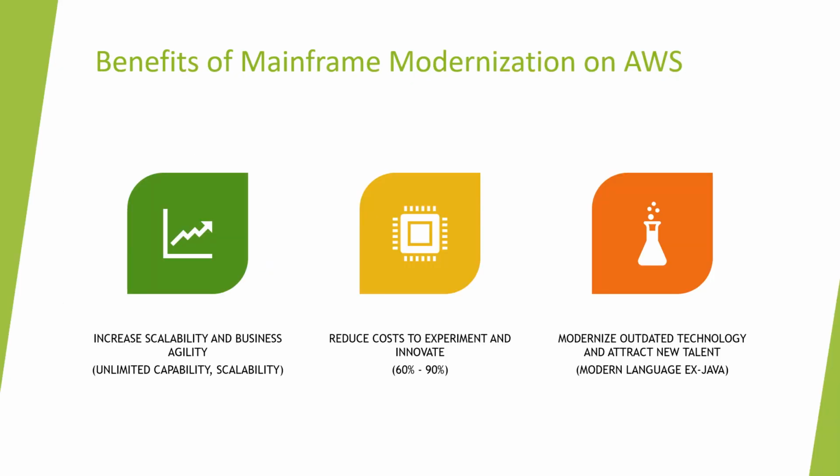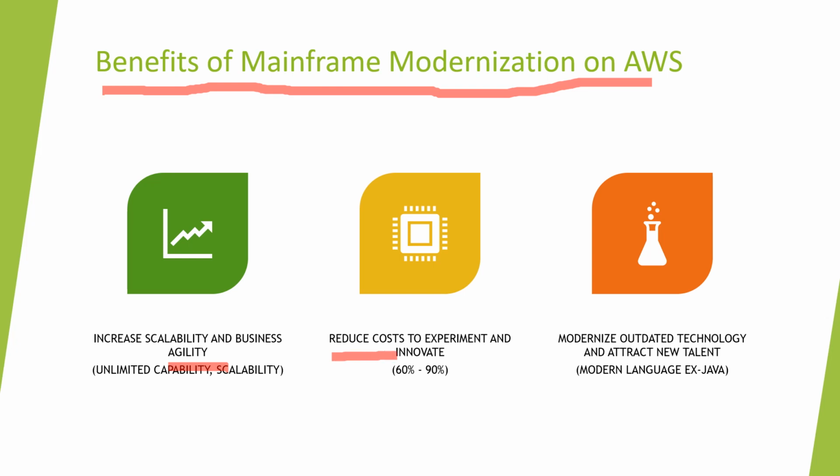Now we are going to discuss the benefits of mainframe modernization on AWS. Migrate and modernize your mainframe infrastructure and applications with cloud computing. It has lots of benefits. Let's discuss three main drivers. The first one is agility, the second one is reducing the cost, and the third one is mitigating risk.